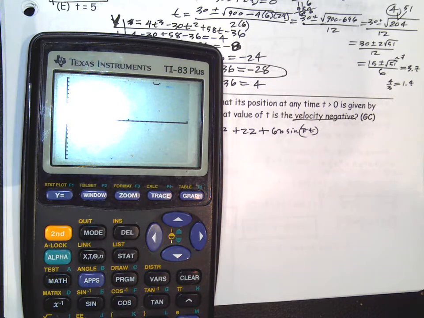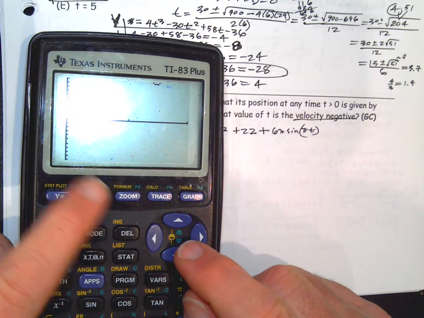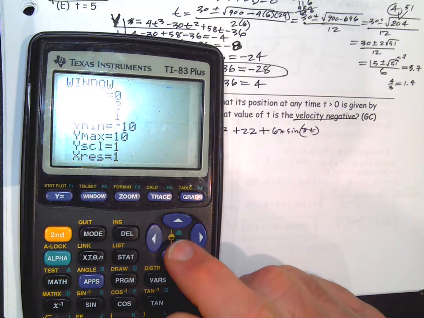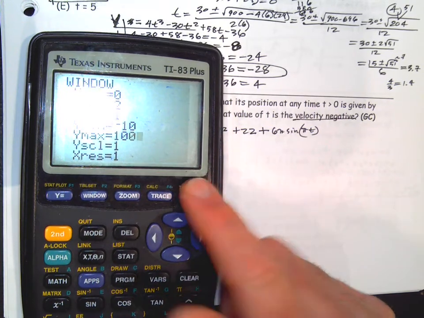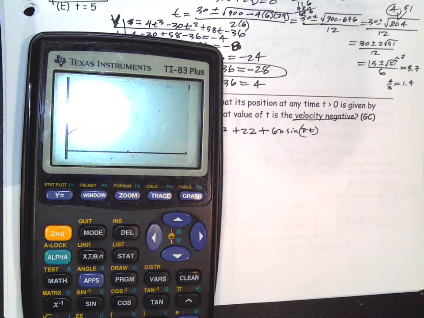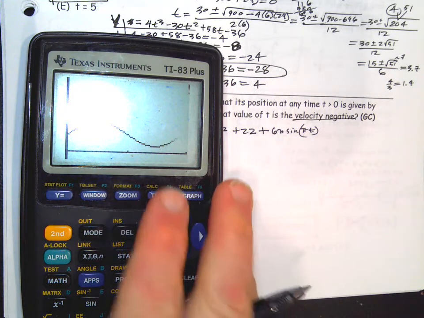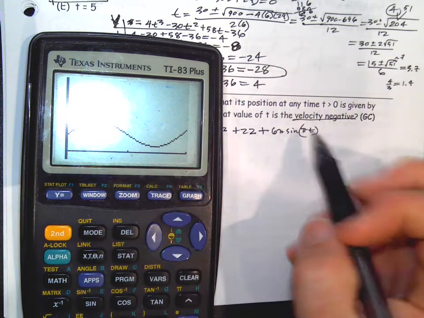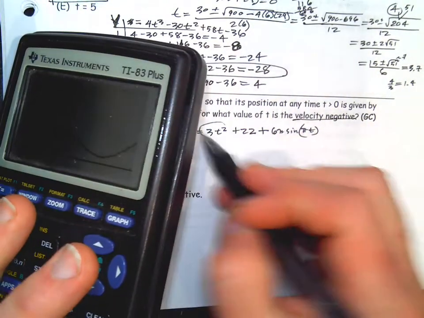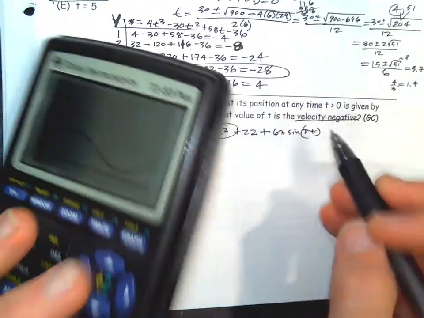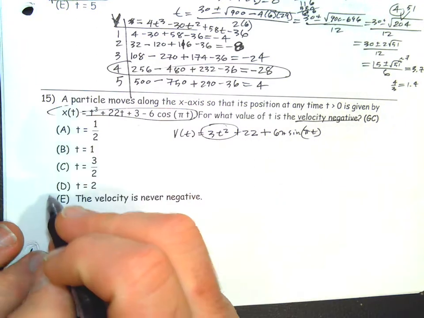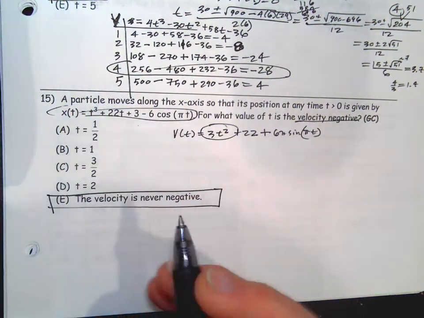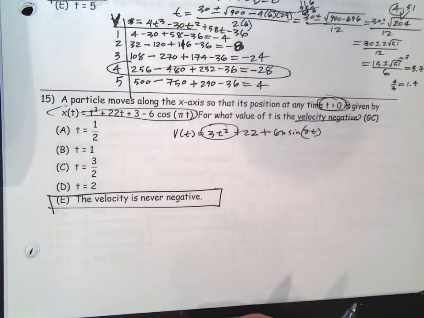Oh, there's a little value right there. So this is the graph. It looks like it's always positive, and as you go more and more to the right, this term dominates, so that's just going to get bigger and bigger. So I guess we're going to go with it's not negative, and we're only considering positive times.